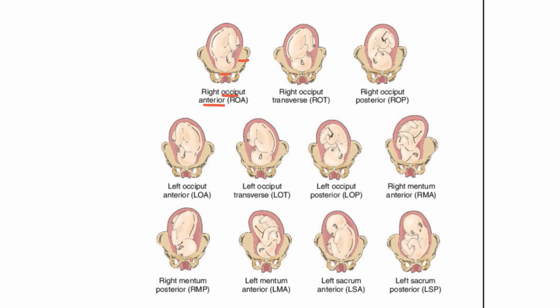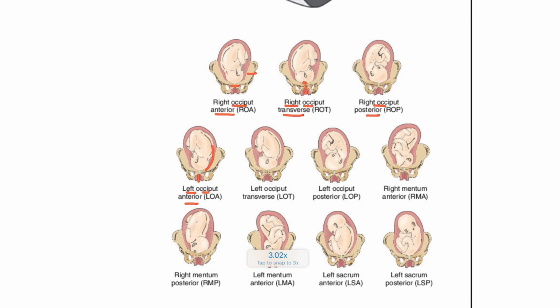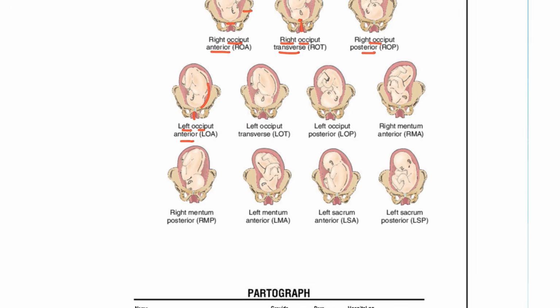Next, the right occiput transverse, where the presenting part is on the side. Then the right occiput posterior, where the baby's back is on the posterior side. Then on the left side, the left occiput anterior. This is how we differentiate the different presentations of the baby.